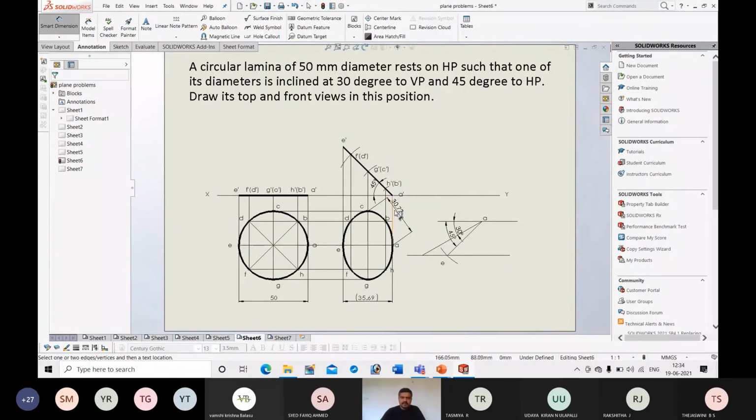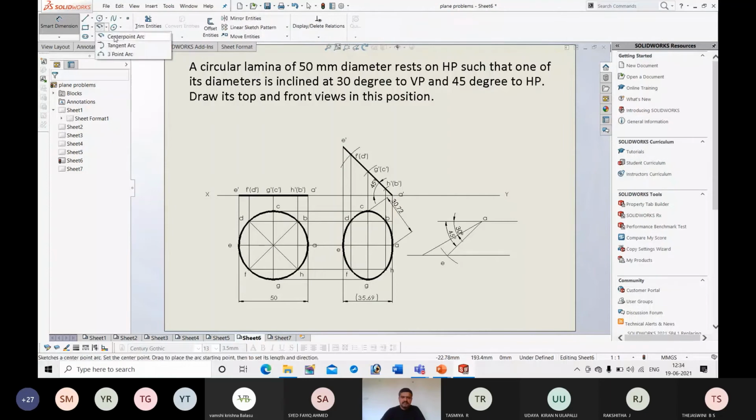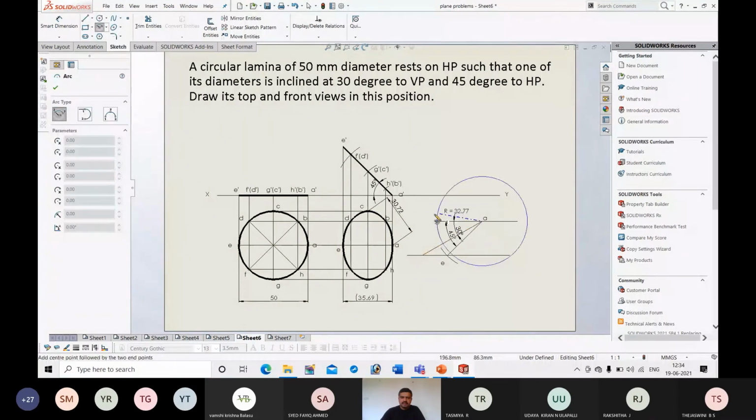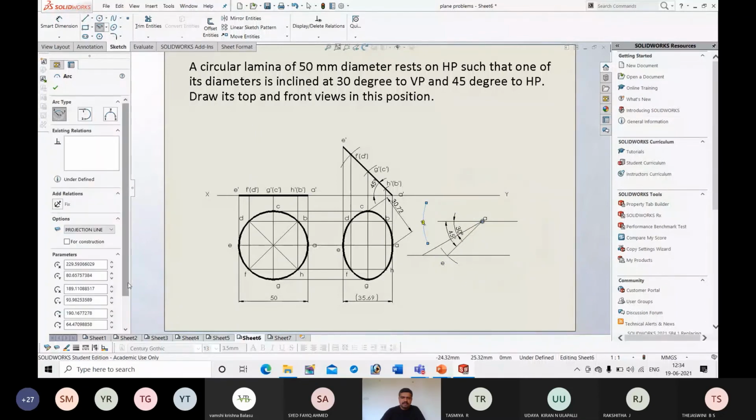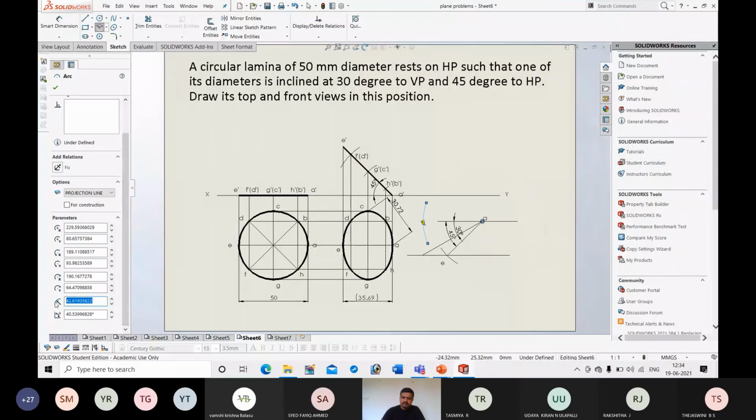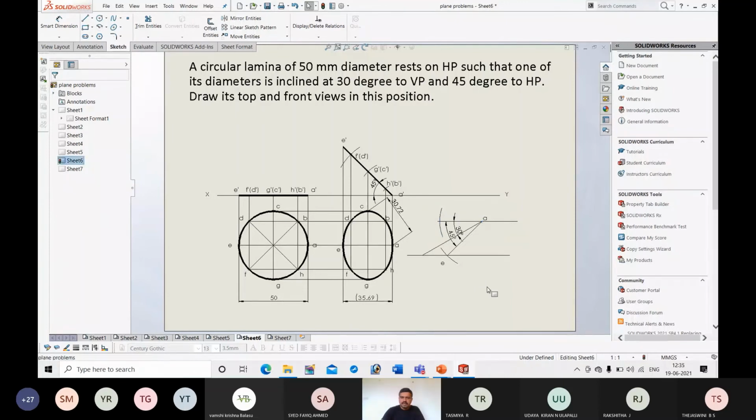Now I will consider the radial distance between A to C using compass. So A as center and C as radius, radius is 30.72. I will draw an arc. Next, again E as center, the radial distance E to C will also be 30.72.